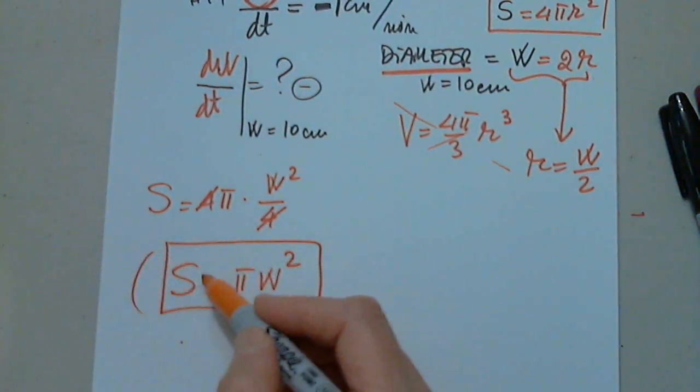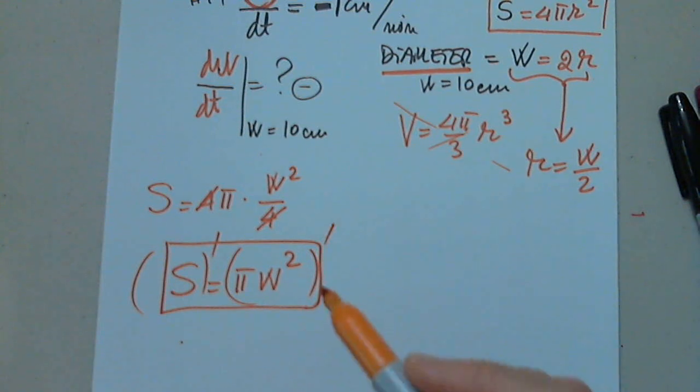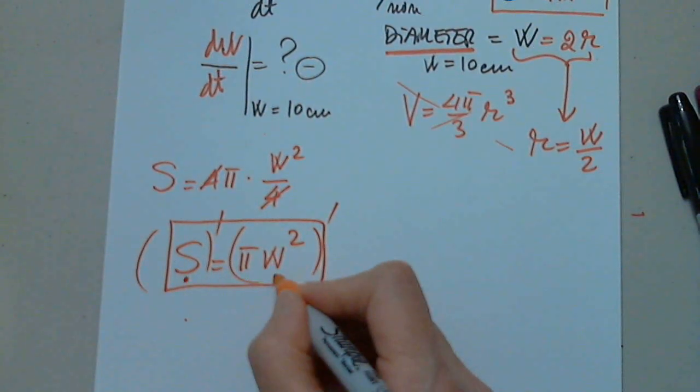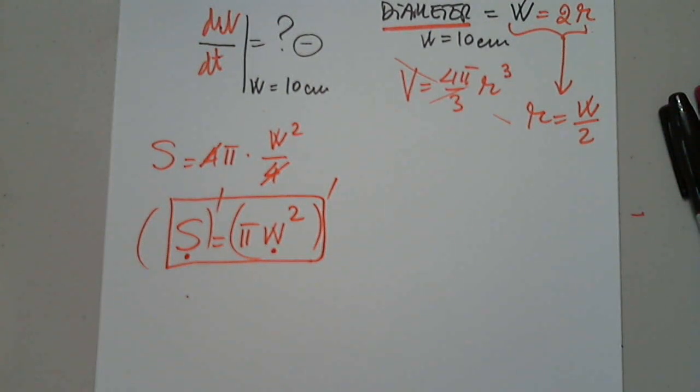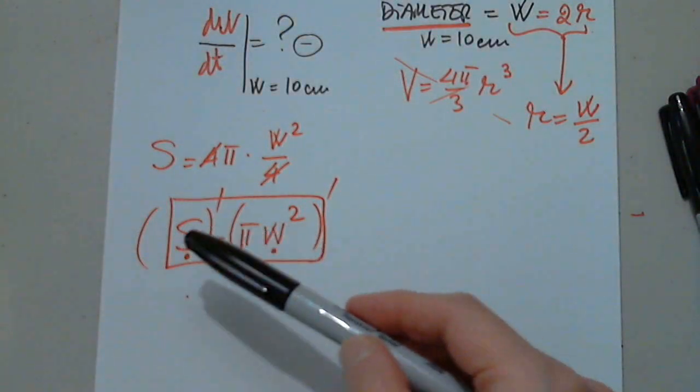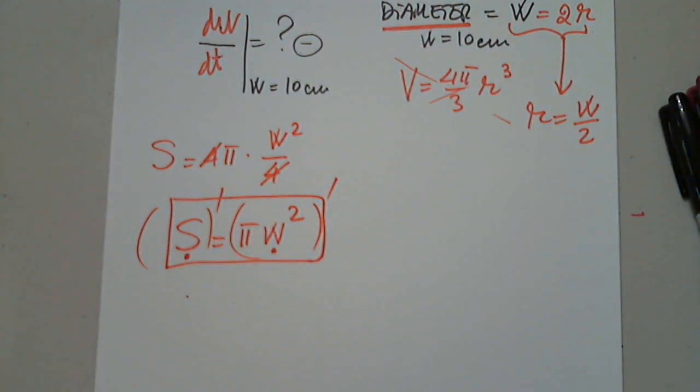Now I'm ready to differentiate both sides. And I put a dot just to remind us that both are functions of time. You don't have to. I just want to make sure that you remember that these are functions of time. So can anyone differentiate both sides and tell us what we get?